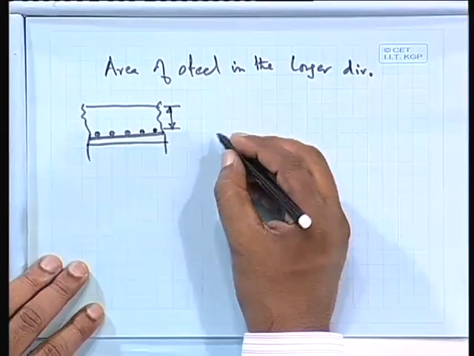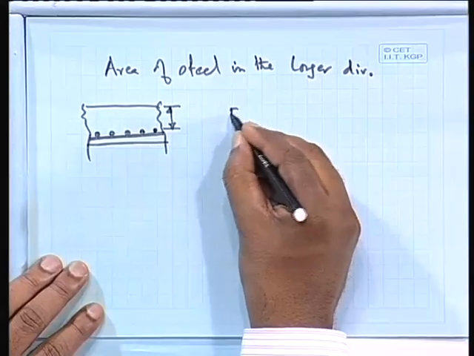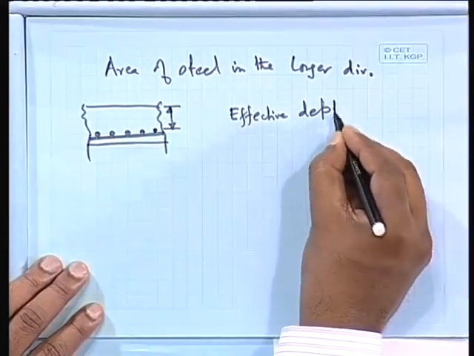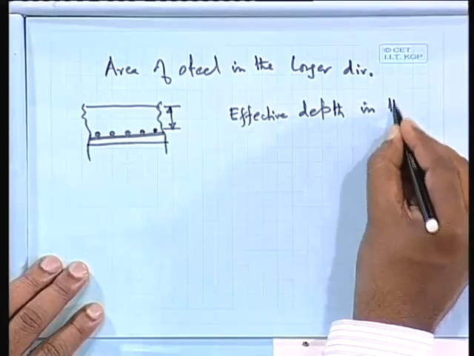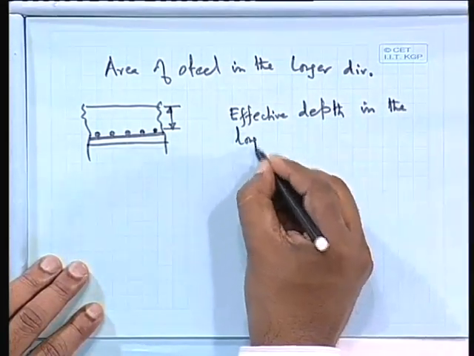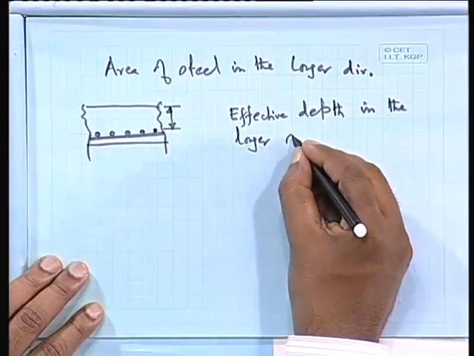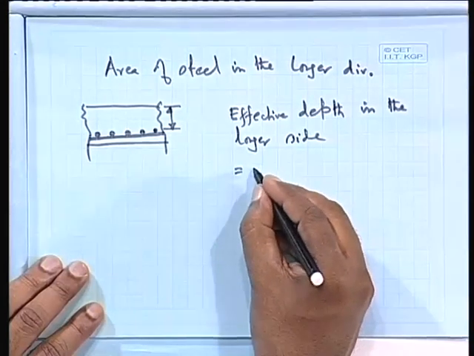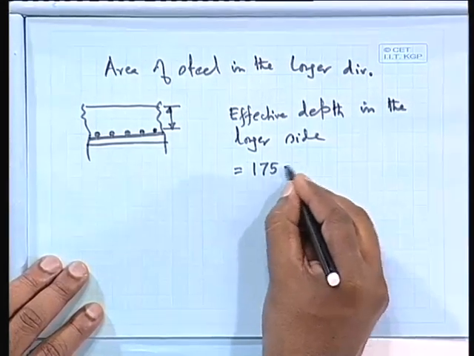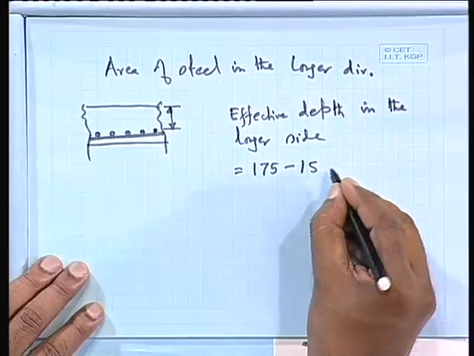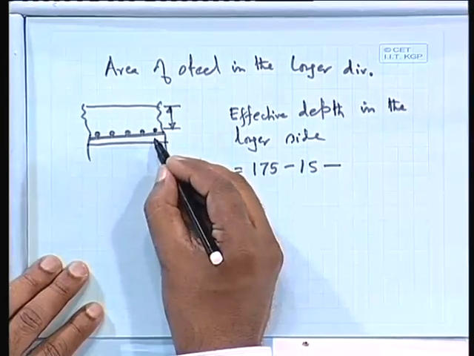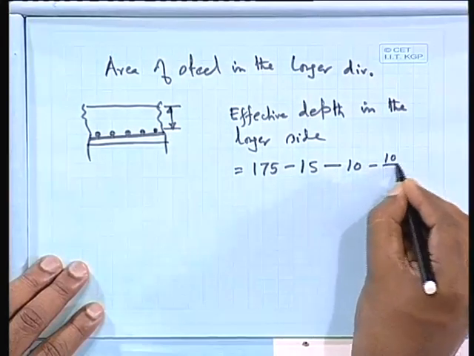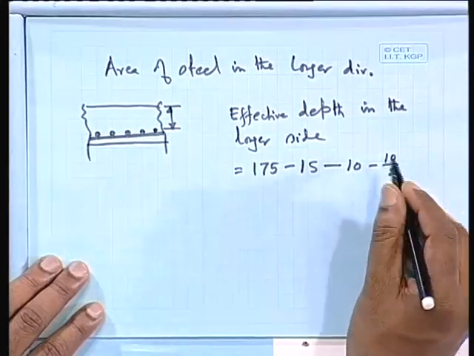So what we shall get here, the effective depth in the longer side, is equal to overall depth minus cover minus 1 bar diameter, that is 10, minus 10 by 2, even if we provide 10.